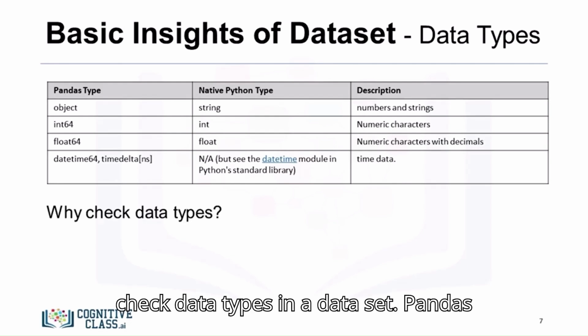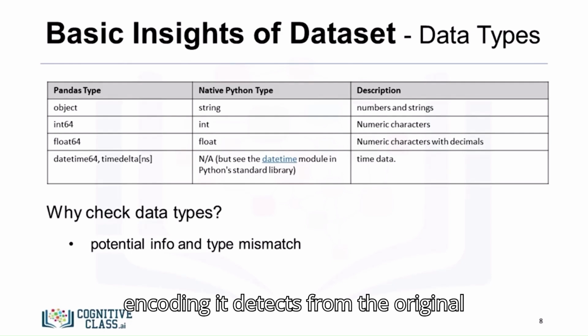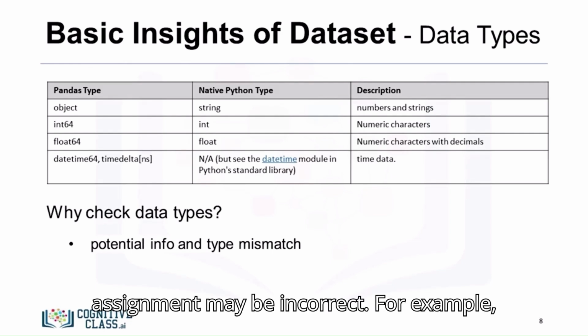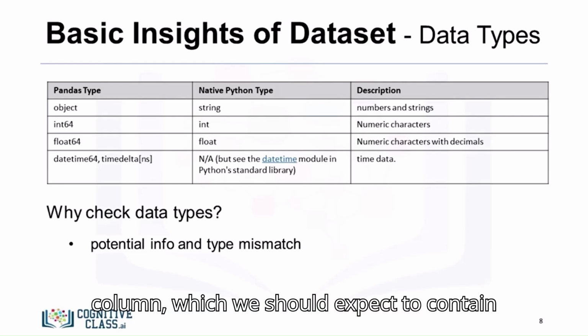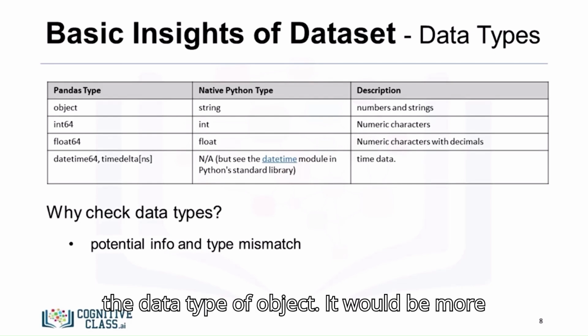There are two reasons to check data types in a dataset. Pandas automatically assigns types based on the encoding it detects from the original data table. For a number of reasons, this assignment may be incorrect. For example, it would be awkward if the car price column, which we should expect to contain continuous numeric numbers, is assigned the data type of object.